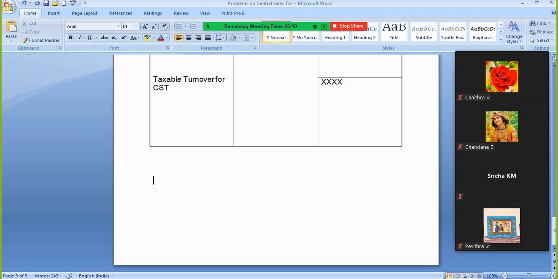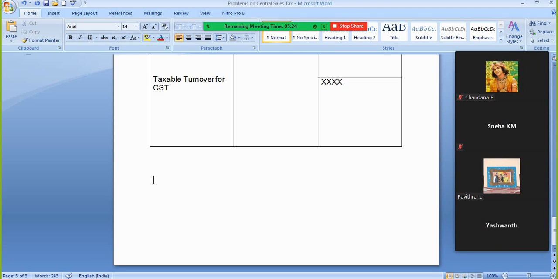One is turnover relating to goods worth 10,000 exclusive of tax covered by invoice which were returned on 1/10/2014. Goods worth 12,400 covered by invoice dated 13/4/2014 were rejected by the customer and the dealer received back the goods on 14/10/2014.